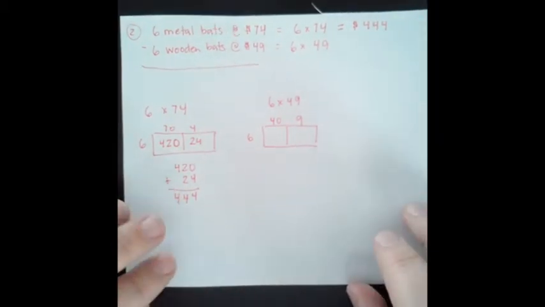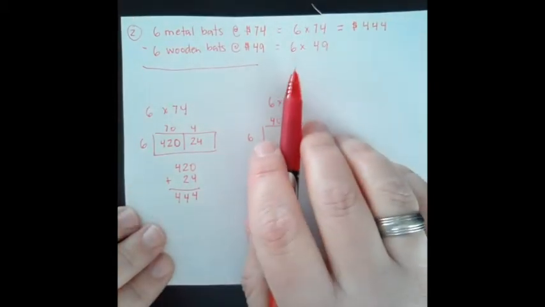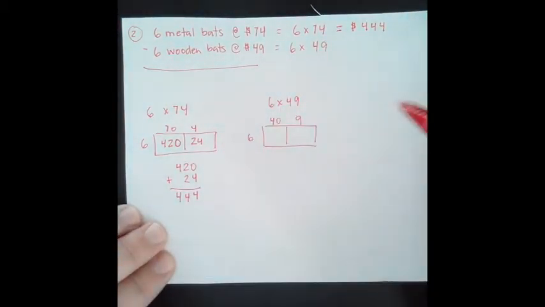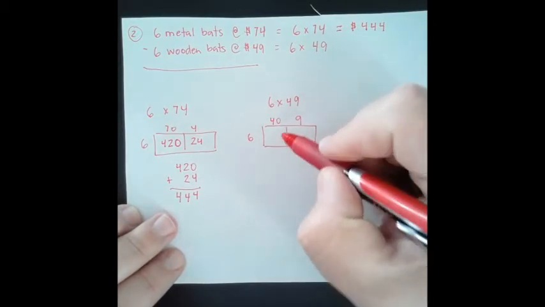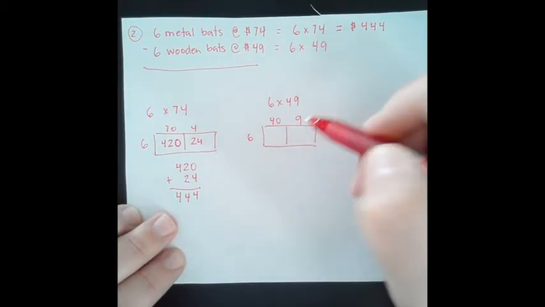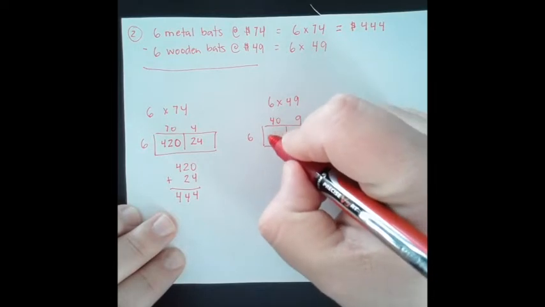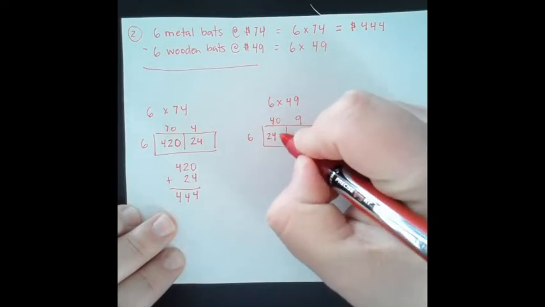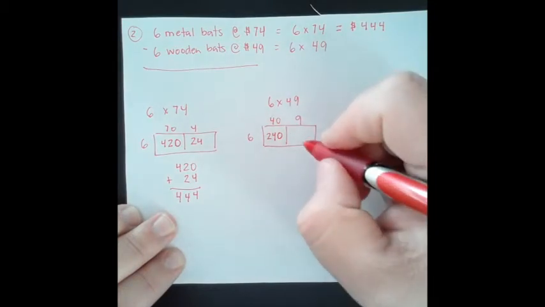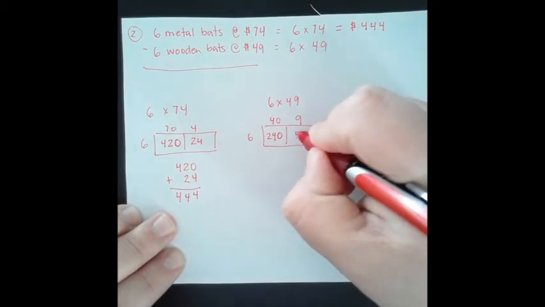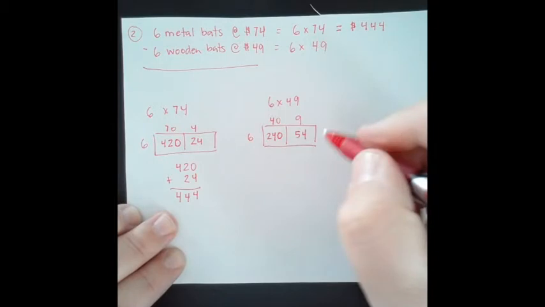Okay. Now we're going to figure out the cost of our wooden bats, and that's 6 times 49. So 6 times 49, so again I go 6 and break apart the 40 and 9. 6 times 4 is 24, and you put your 0 here because it's an extended fact. 9 times 6 is 54.